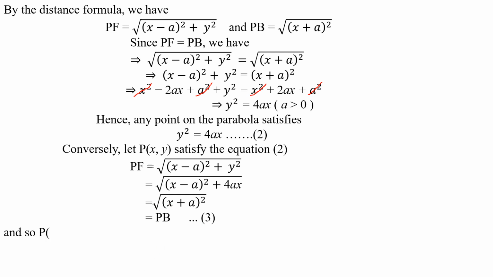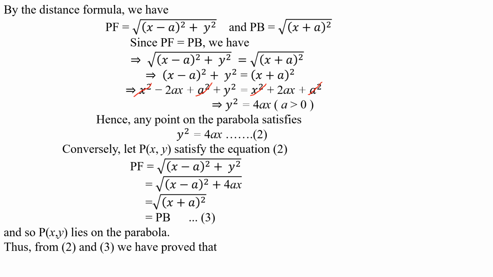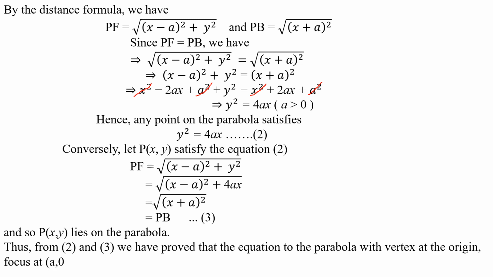Right. And so P(x, y) lies on the parabola, because this equation satisfies the condition. Thus, from equation 2 and equation 3, we have proved that the equation of the parabola with vertex at the origin, focus at (a, 0) and directrix x is equal to minus a is y square is equal to 4ax.